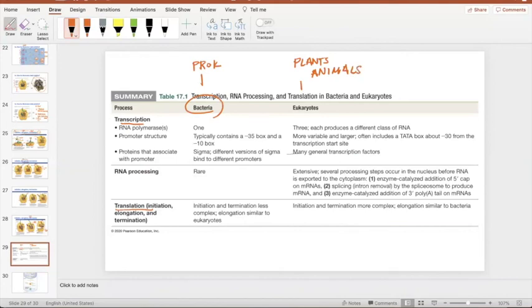So you notice that we have all these differences here in things like promoter structure, RNA processing we don't have in bacteria, but we have extensive processing in eukaryotes. And then it talks a little bit about translation, okay?